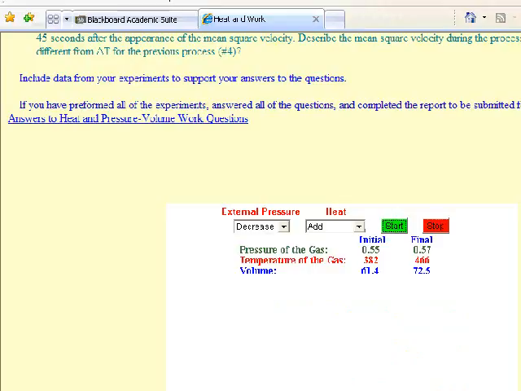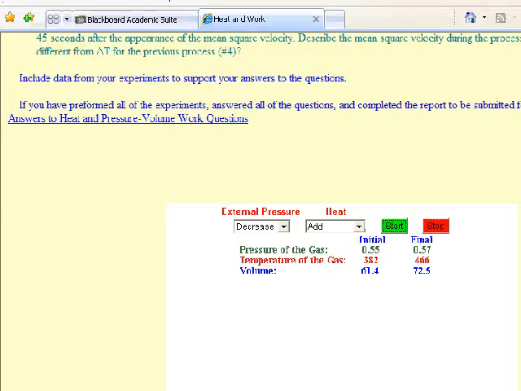The first one is in atmospheres, so 0.55 atmospheres, and the second one is in Kelvin, so 382 kelvins, which is 109 degrees Celsius, or 340 Fahrenheit, and it increased even more to 466 kelvins. And then the volume, which is in milliliters, 61.4, changed to 72.5. So these are the measurements of what happened to the piston.